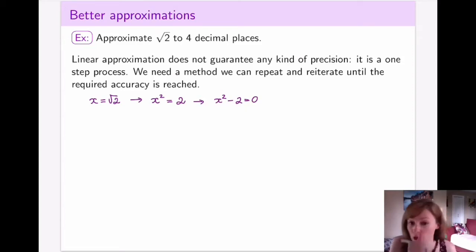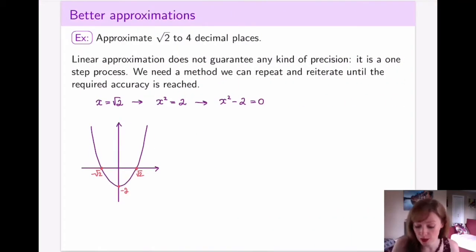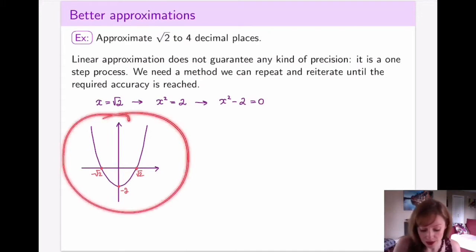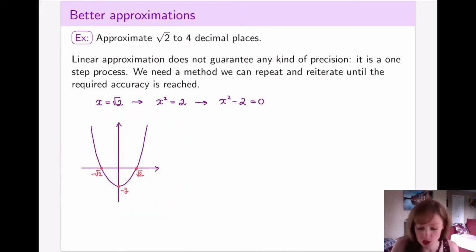Let's think about this graphically for a second. If I were to sketch the situation, what am I going to see? I have a graph of x squared minus 2, which is just a parabola shifted down 2 units. And now I see that my square root of 2 and the negative version of it is actually an x-intercept of this function. x-intercepts are also called roots.